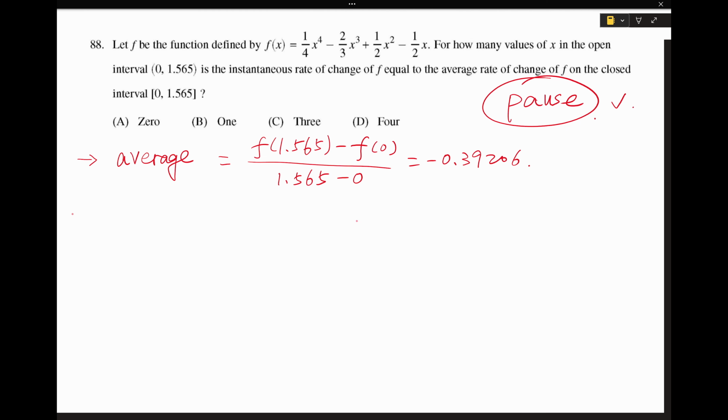Next, we find the expression of the instantaneous rate of change of f, which is equal to the derivative of f(x), which gives a result like this.